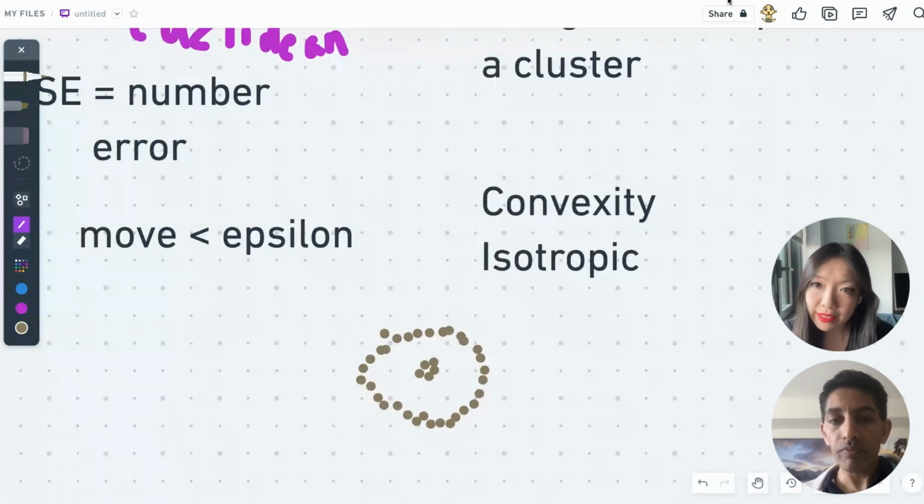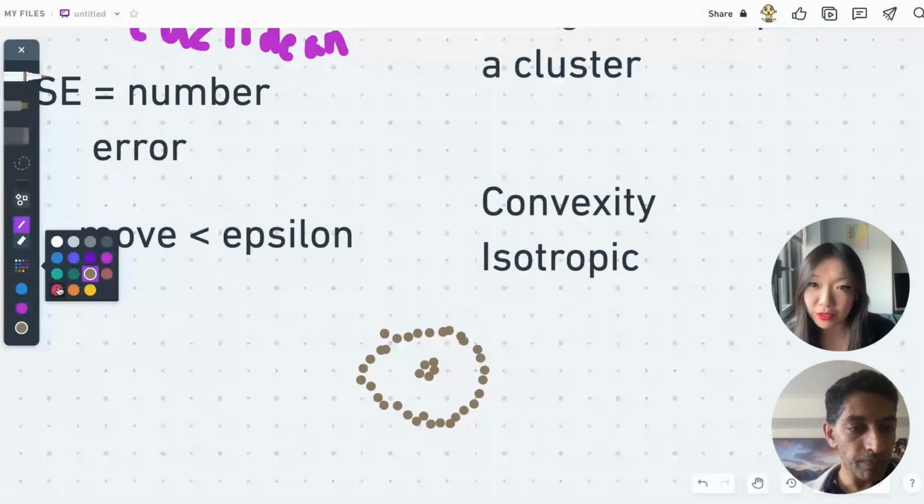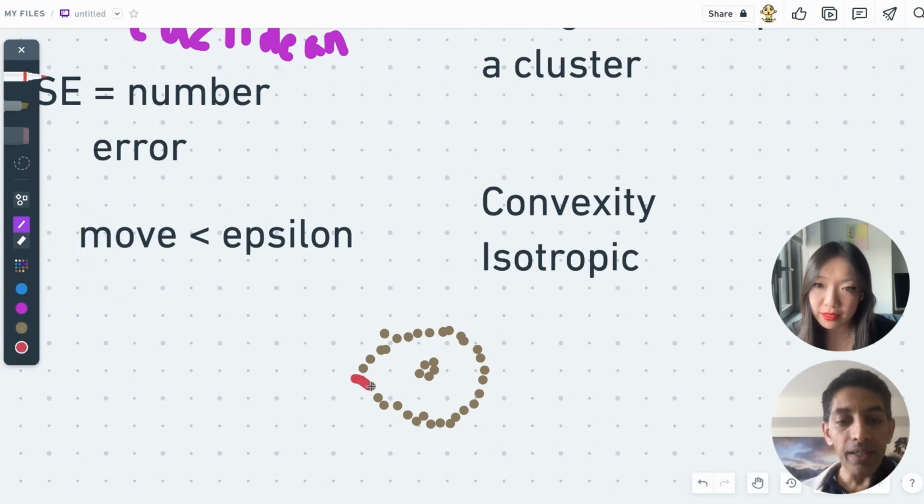So are you saying here that convexity implies that for any 2 points in a given cluster, like for a line between those 2 points, any point on that line will also belong to the same cluster? Exactly. So if you have two data points here, that's assumed in k-means clustering. If you have two data points in here, any data point between them should also be in the same cluster.